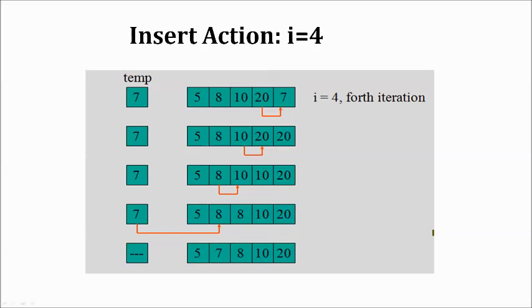Yes. Is 7 less than 5? No. So in the fifth row, this is the correct place of 7, the correct sorting of the values: 5, 7, 8, 10, and 20. So that's how the insertion sort algorithm works.